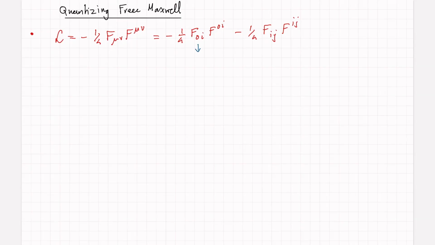So this F0 AI term is the only thing that has the time derivative. But if you notice, it only contains time derivatives of the AIs, the vector potential. There is no term which is the time derivative of A0, simply because F is antisymmetric and it's not possible to have something like del 0 A0.